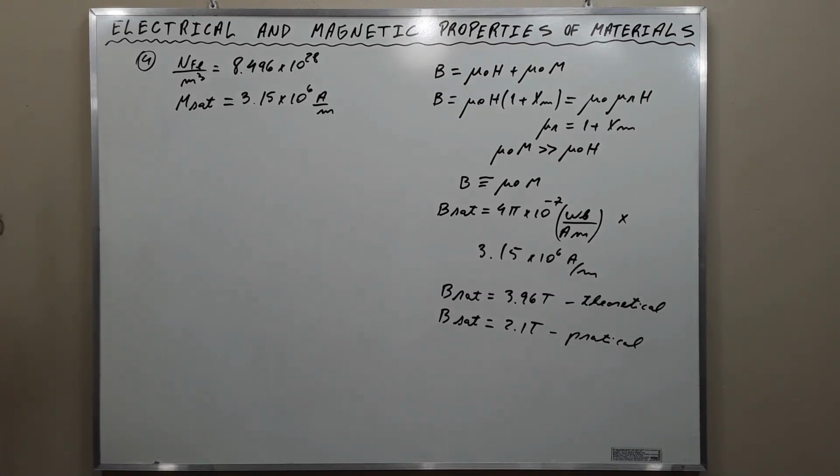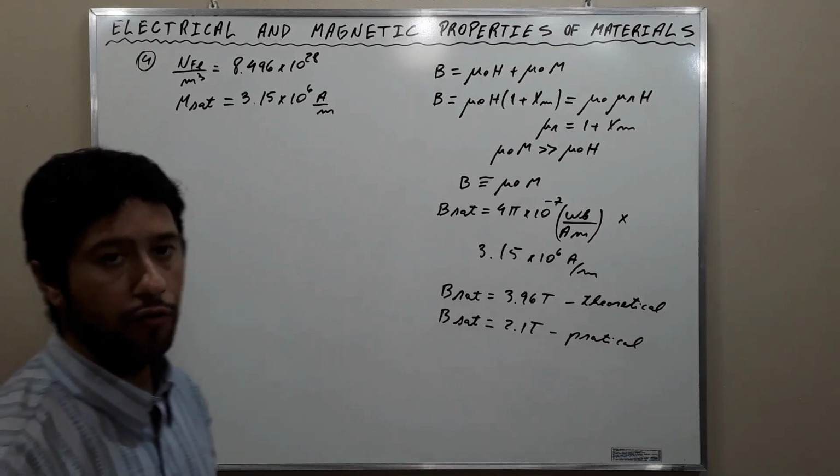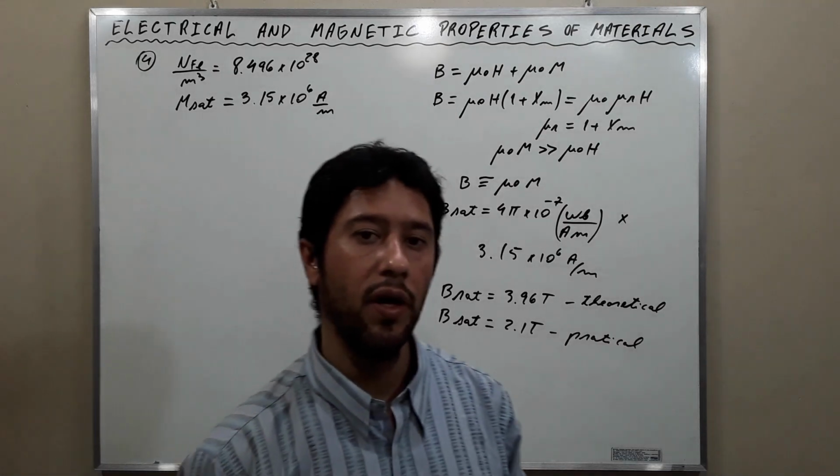This difference is due to how atoms behave individually and in the crystalline. It can be shown that for iron, the difference is due to the 3D electron orbital moment being quenched in the crystalline. Okay, my friends, this is all for exercise 4.